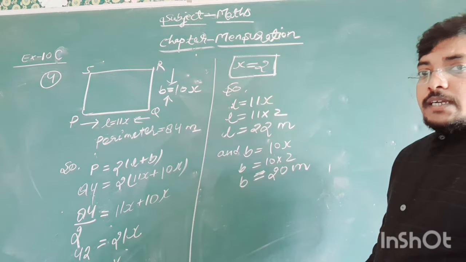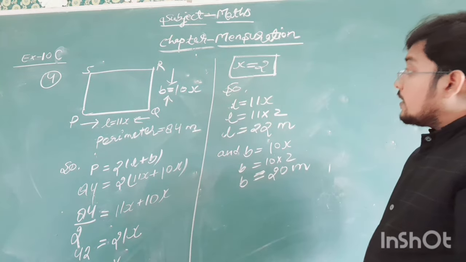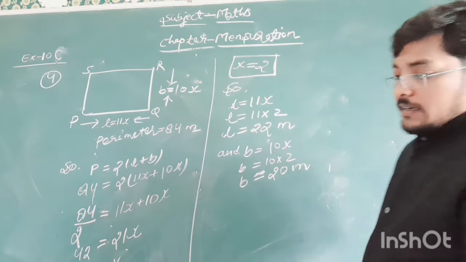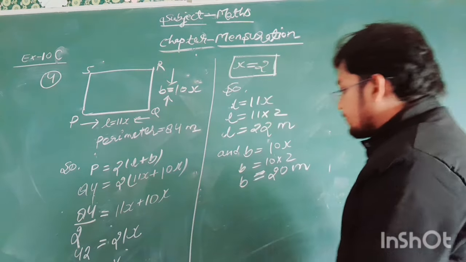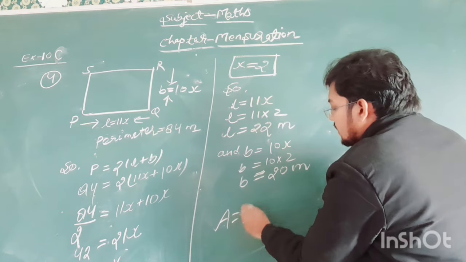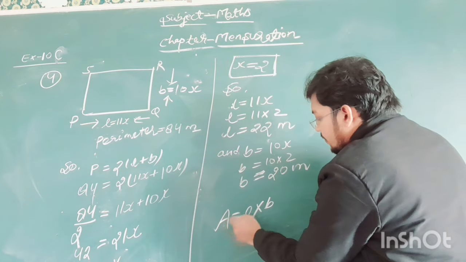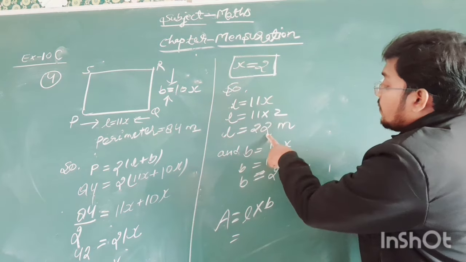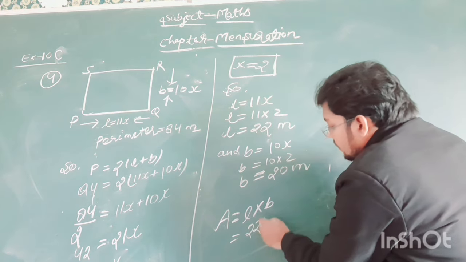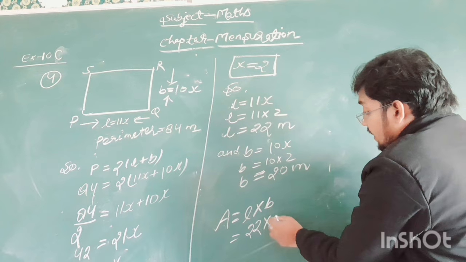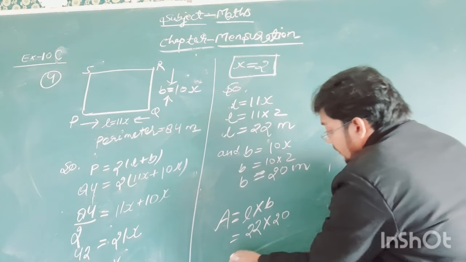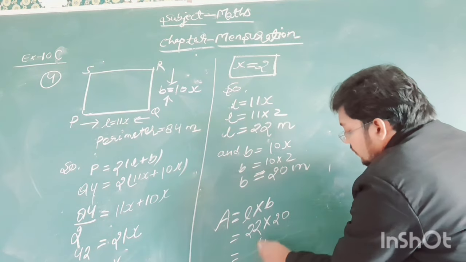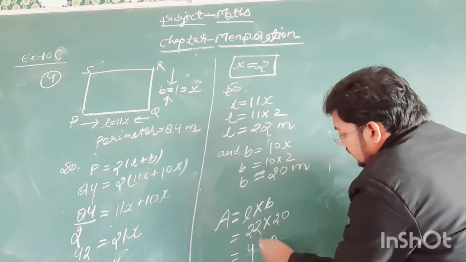So we calculate the area of the rectangle, which is A equal to L into B, product of length and breadth. Here value of L is equal to 22 and breadth of rectangle is equal to 20. 2 twos are 4, 2 twos are 4 and 0.